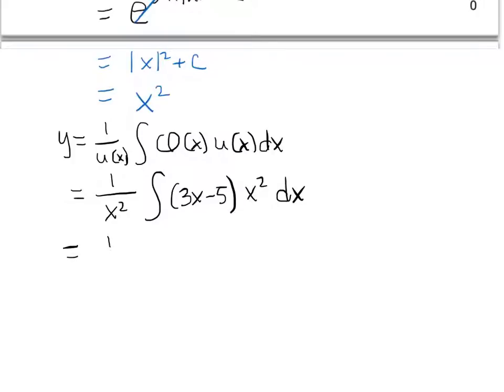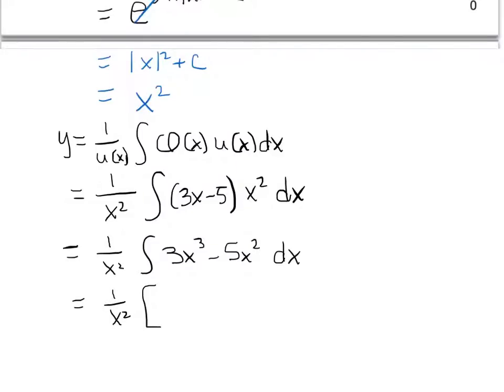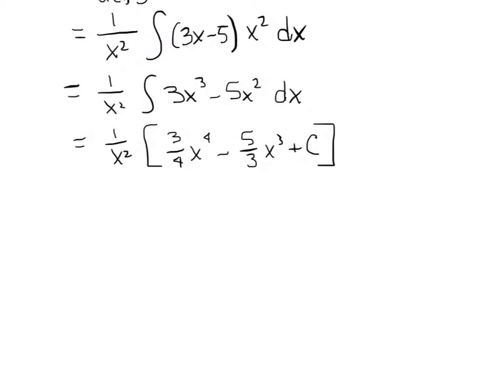When we simplify, we have 1 divided by x squared times the integral of 3x cubed minus 5x squared dx. When I integrate, I end up with 1 divided by x squared times 3/4 x to the 4th minus 5/3 x cubed plus c. And then the last thing I can do is simplify by distributing the 1 over x squared.